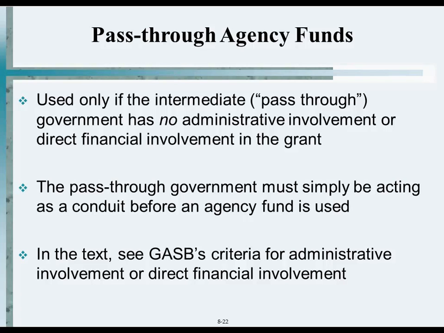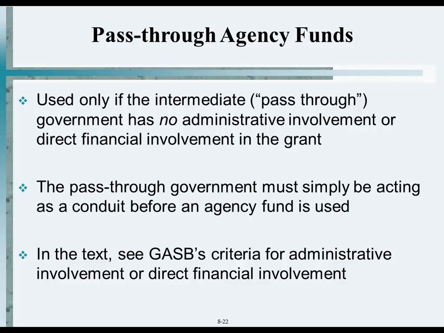It says $1 million for Asbury Park, $1 million for Long Branch, and so on, and they tell you, we're going to send you the money and you give it to the towns. That's a pass-through grant. When the state shows that money coming in, is that revenue to the state? No, it's coming in and it's going out, and that's why it's in the agency fund.